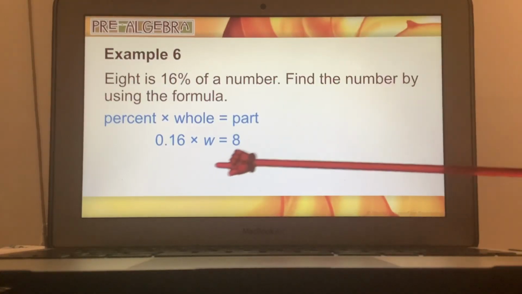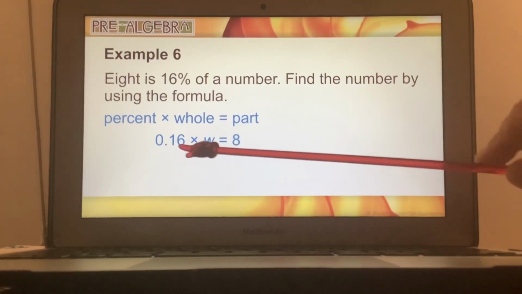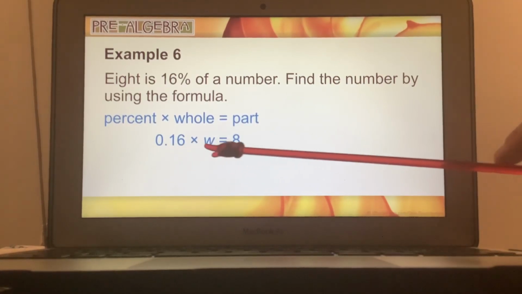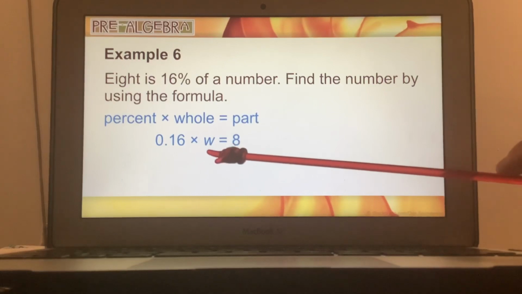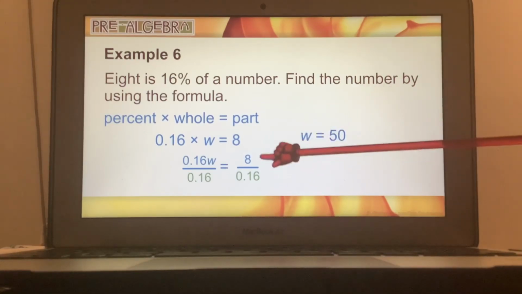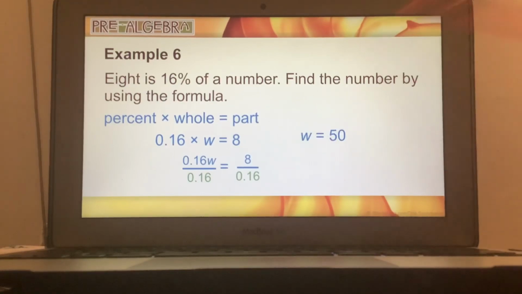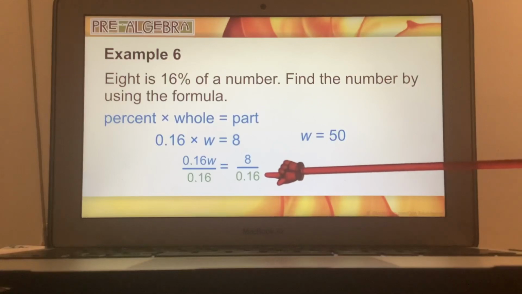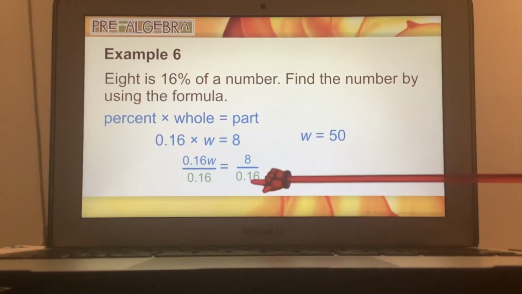So now you're multiplying 0.16 times W. So to find W, you're going to have to divide by 0.16. 8 divided by 0.16. Let's see how that is going to give us 50. When you take 8 and divide by 0.16, you have to work that out carefully. Remember, you have a decimal here.